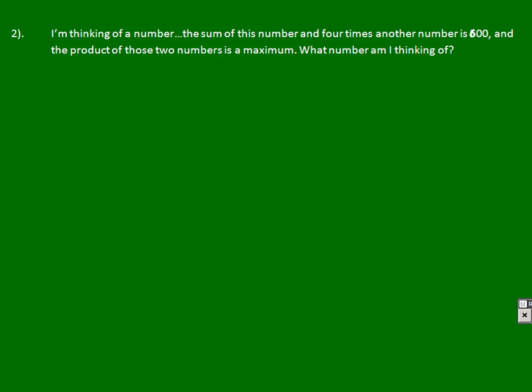Number 1 isn't as important, so I'm focusing more on these ones like number 2 and 3. The sum of a number, which I'll call x, and 4 times that other number, y. So x plus 4y, because it's the sum, equals 600. We want the maximum to be the product. So f of x equals x times y.